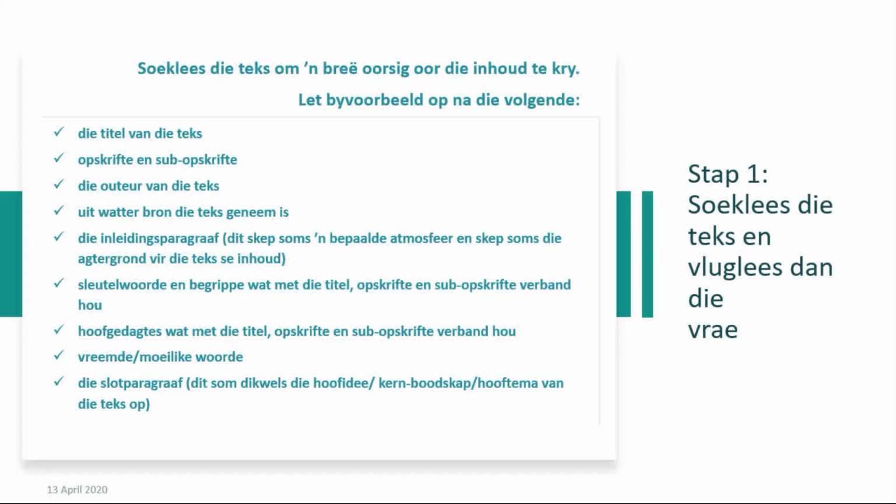Then you look where they found this text. Is it uit 'n huisgenoot? Is it from the television? Where did they find this? Dan, die inleidingsparagraaf. Dit skep soms 'n bepaalde atmosfeer en skep soms die agtergrond vir die teks se inhoud. So then you go to the introduction, the paragraph.